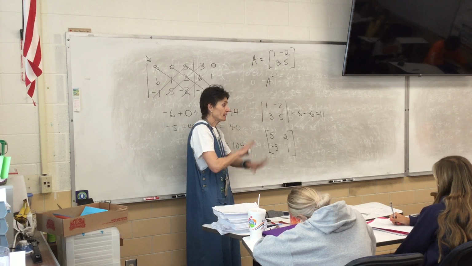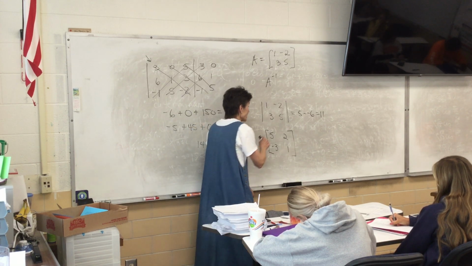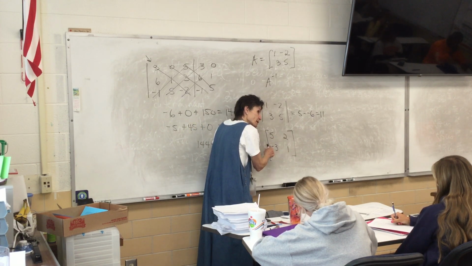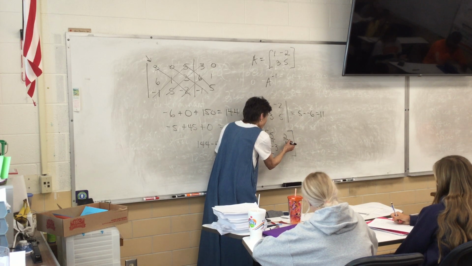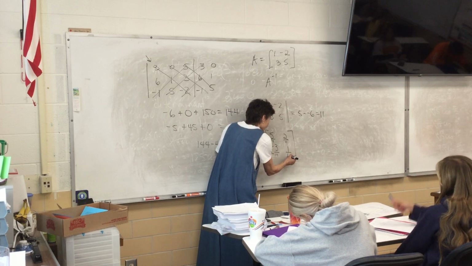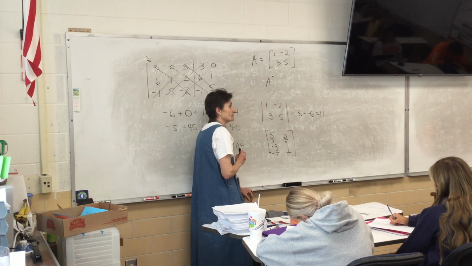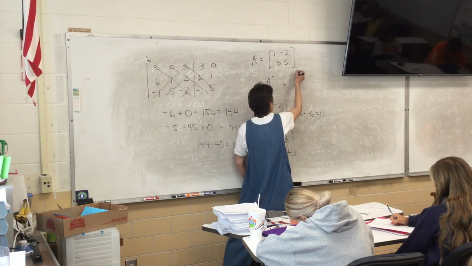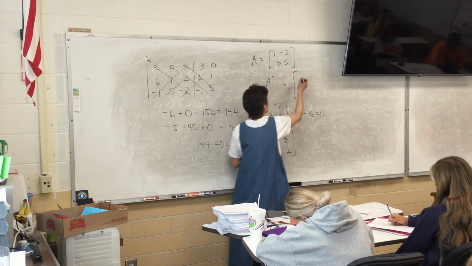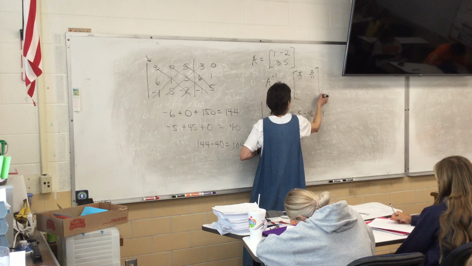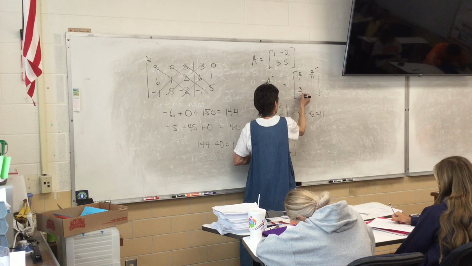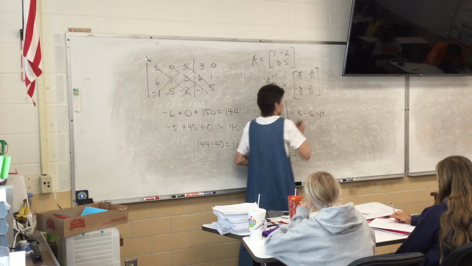Okay, last step. Take this new matrix that you just built and divide every number in it by the determinant. So your inverse is 5 elevenths, 2 elevenths, negative 3 elevenths, and 1 11th.